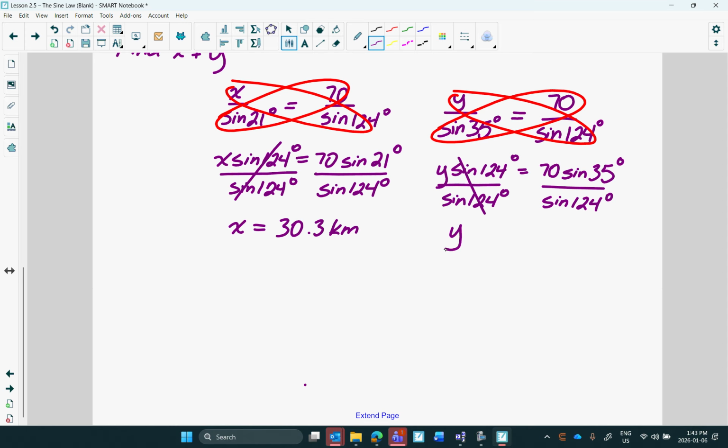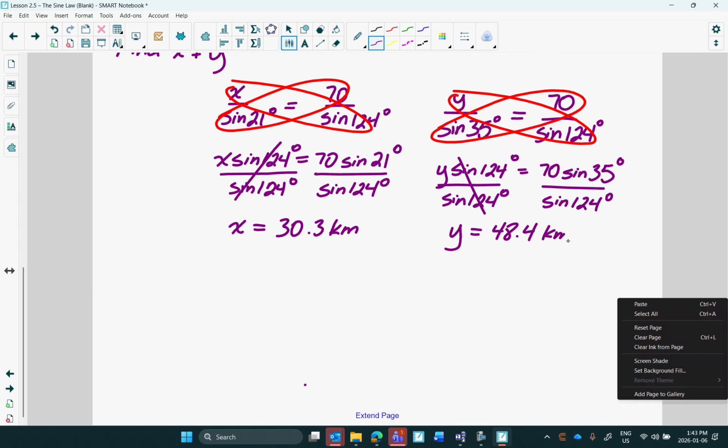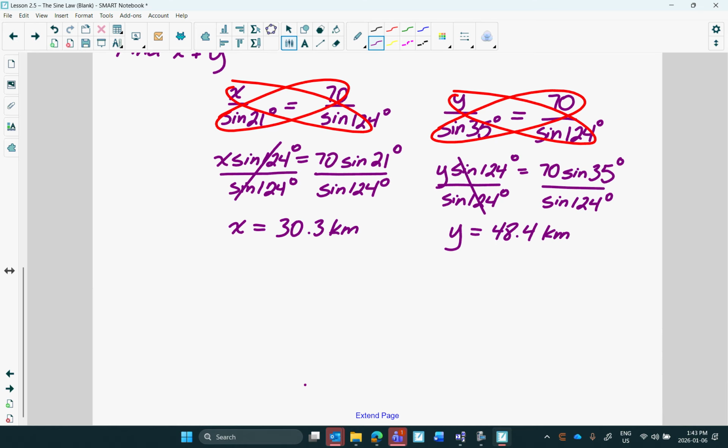And for this one, we get 48.4 kilometers.